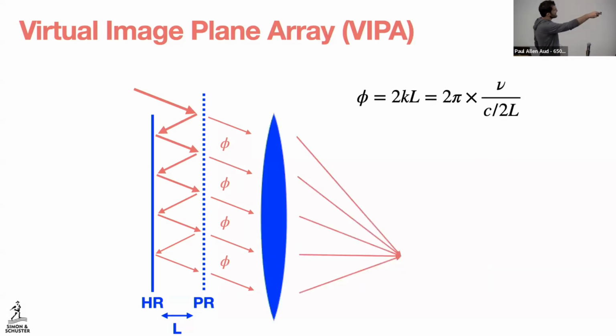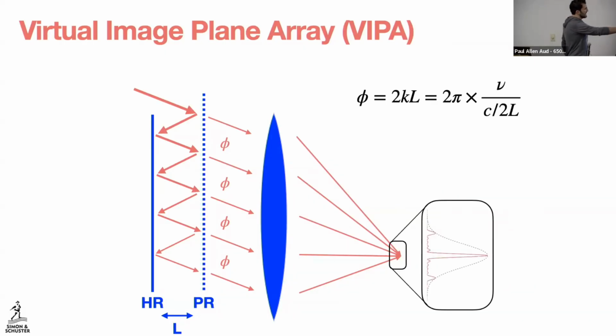So if I add a lens here to interfere all of these different beams at some point, well, if I just had one of those beams, I get this wide Gaussian. But with n of them, I get this much narrower Gaussian. It's n times narrower, right? And as I vary the relative phase between the beams, the location of that Gaussian changes, okay?